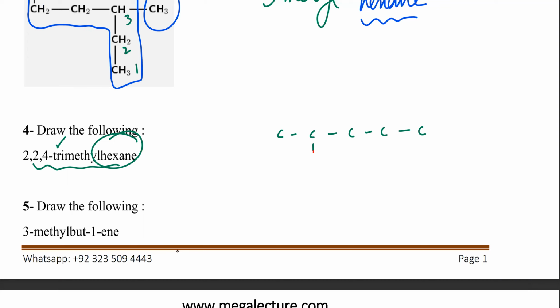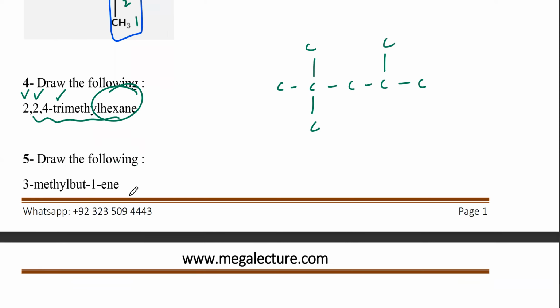And 2 of them are at position number 2. So there's 1 carbon atom branch over here and one carbon atom branch over here. And another one is at position number 4. So this one over here is a methyl on the second, a methyl on the second, and a methyl on the 4th one.